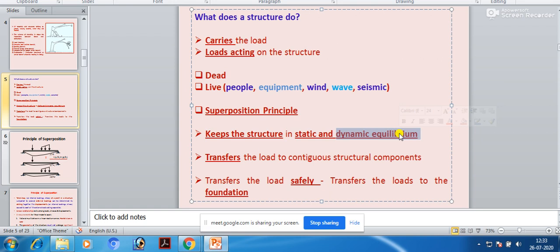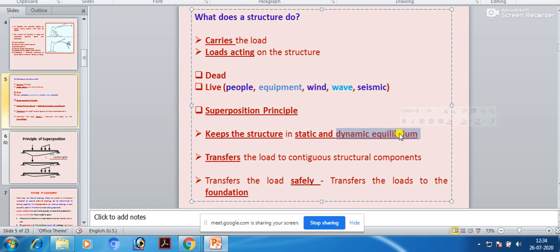Wind is a dynamic kind of load, earthquake is a dynamic kind of load, because with time the forces will change, right? You have understood the dynamic load concepts in your engineering mechanics course. So this dynamic equilibrium also needs to be satisfied while analyzing and designing a structure.